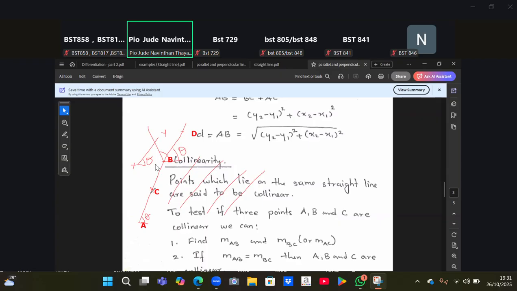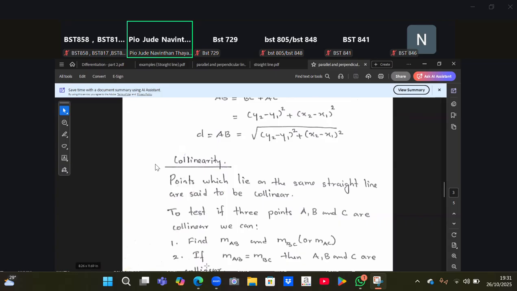So the theory says collinearity means if you have 3 points, right? Then we need to find MAB and MBC, both the same. If we have the same value, then we can say, yes, those 3 points are collinear points, right?